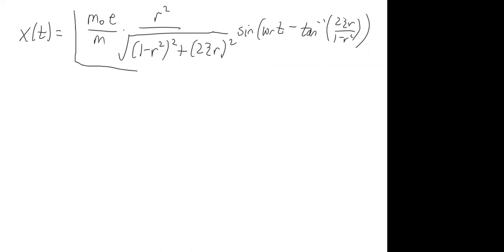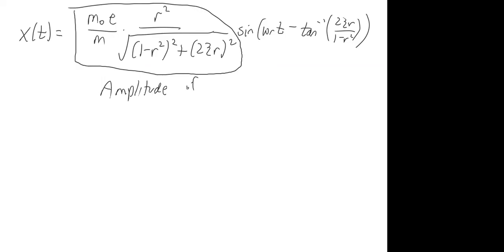So this here is the amplitude of our displacement, because that's the max that it could possibly be. If sine is 1, then that will be our max displacement.